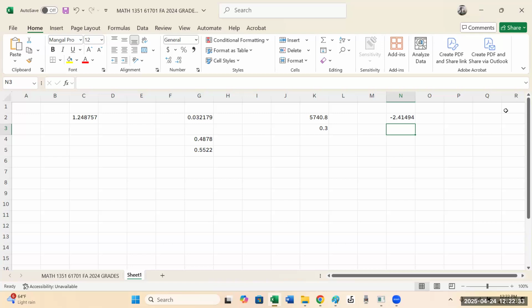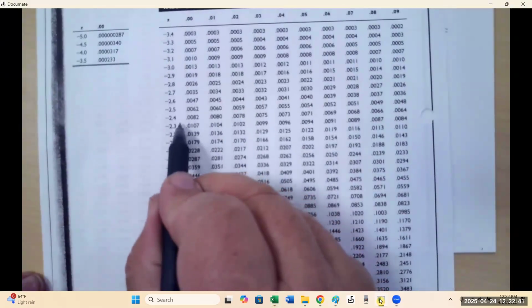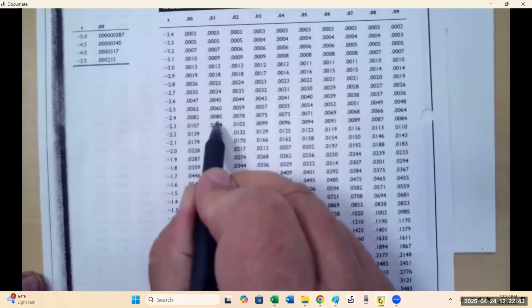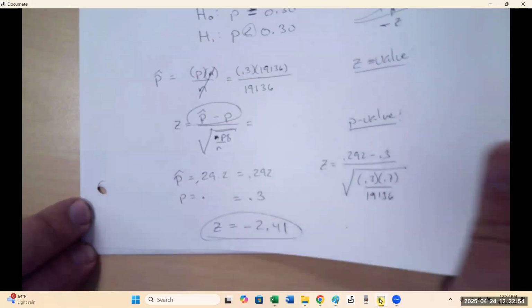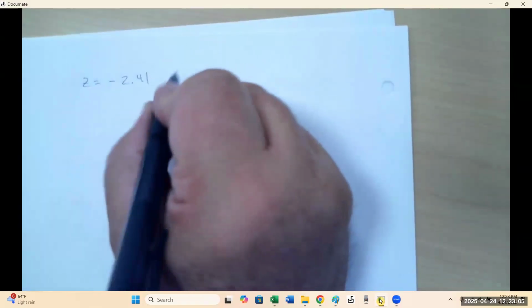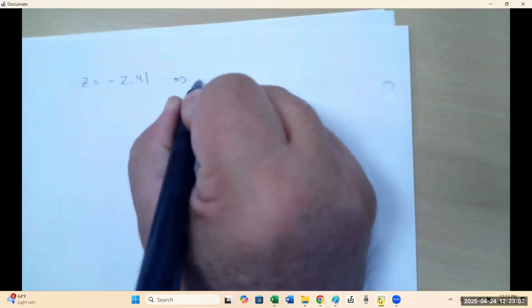So that's my z value. I go to my chart at negative 2.41, that's 0.008. My z value was negative 2.41, and the area is 0.008.